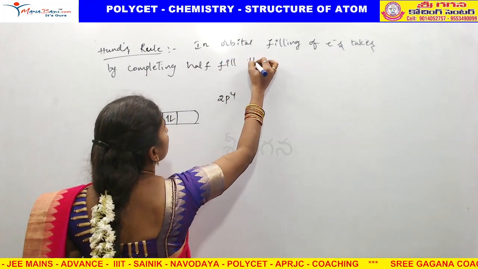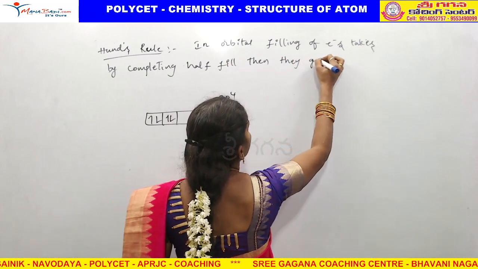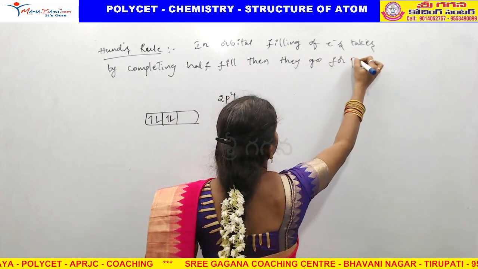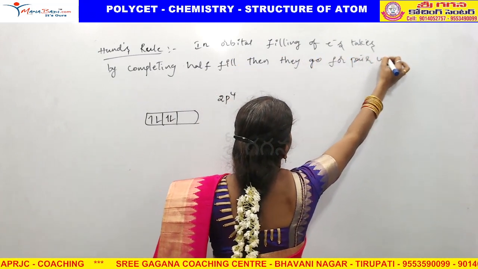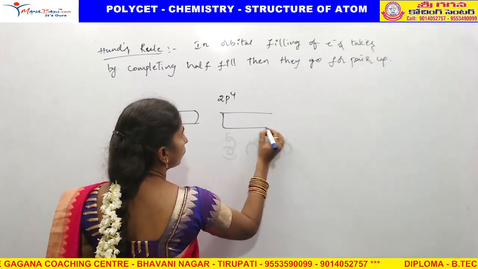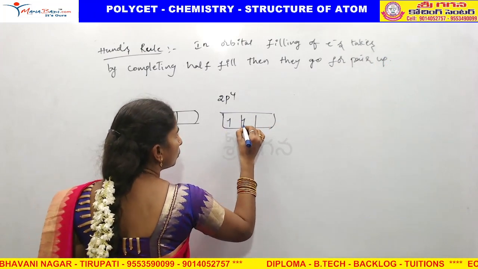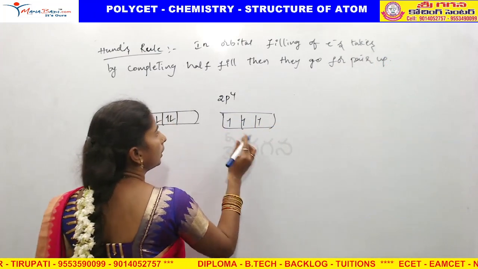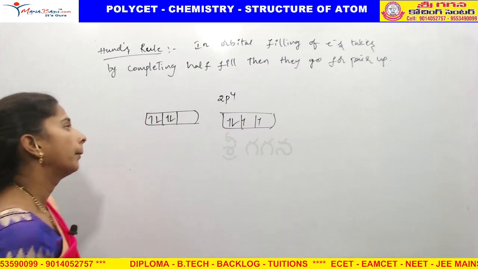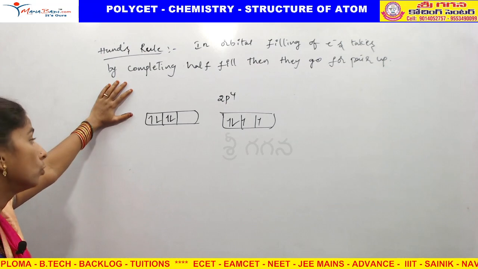Then they go for pairing up. So if you want to write 4p4, you have to write 1, 2, 3 first. After half filling, only then do they go for pairing up. I hope you understand. This is Hund's rule.